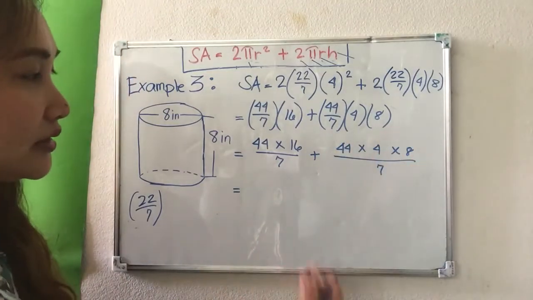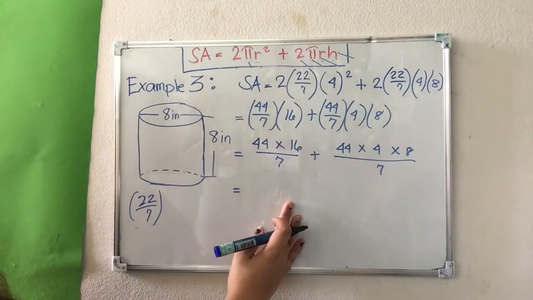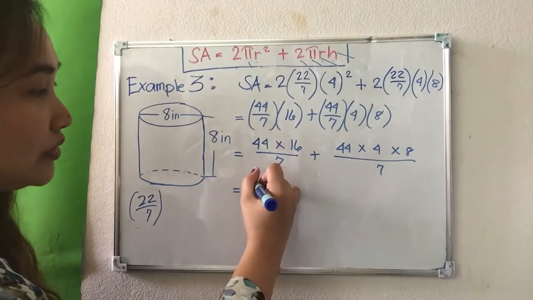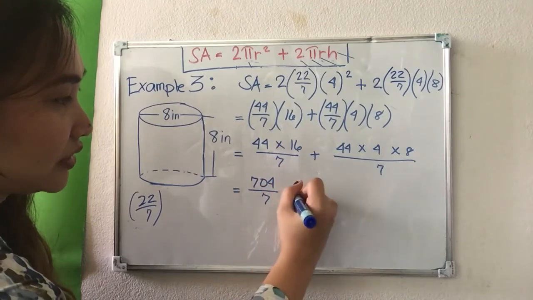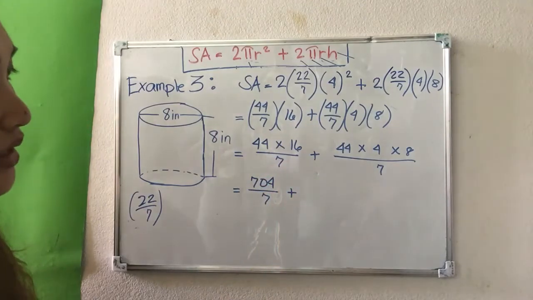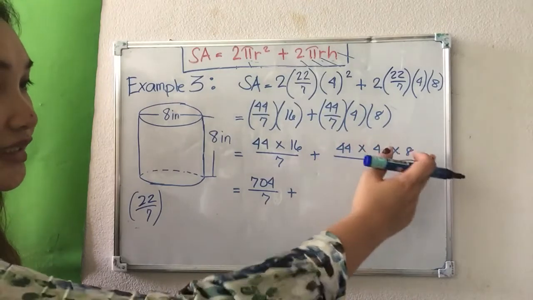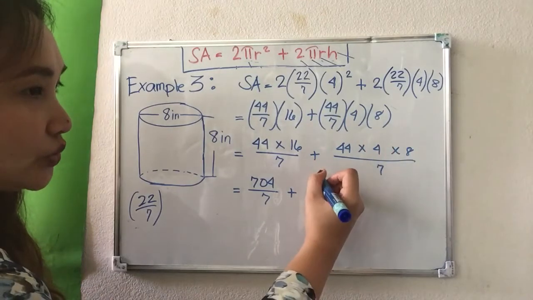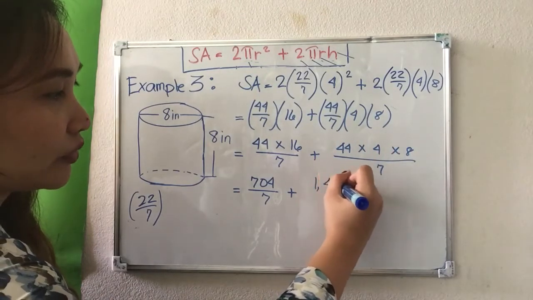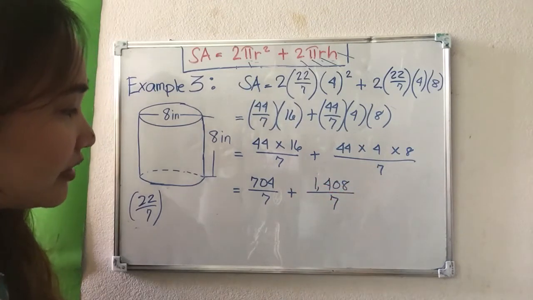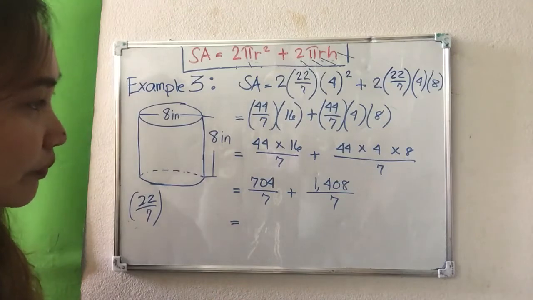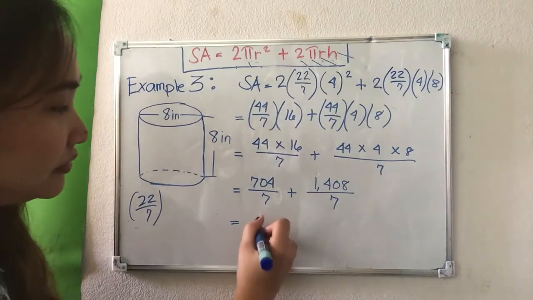So 44 times 16/7 is equal to 704/7, plus 44 times 4 times 8, that is equal to 1408/7. Let's simplify that one.